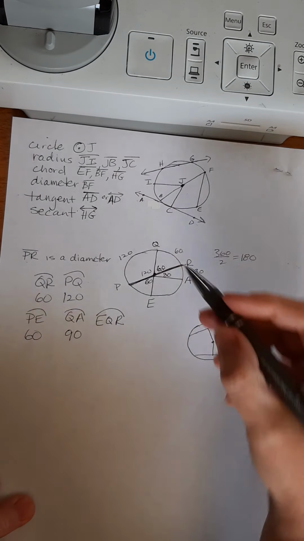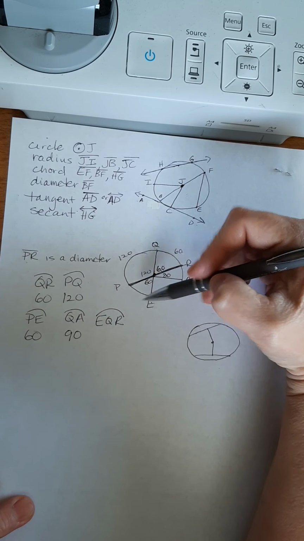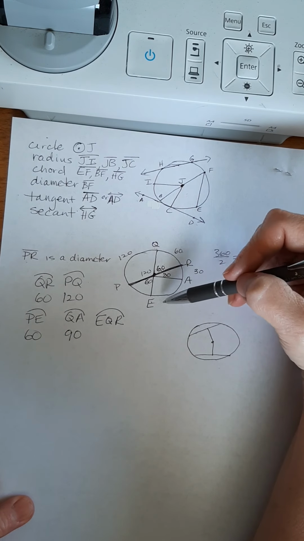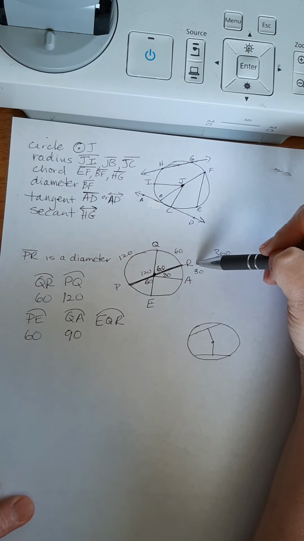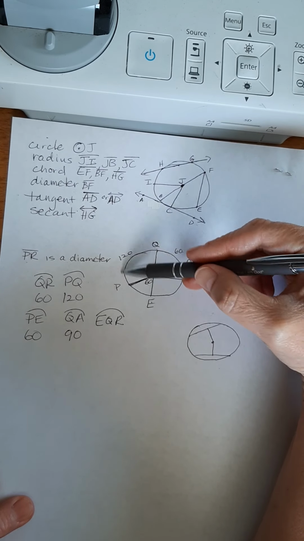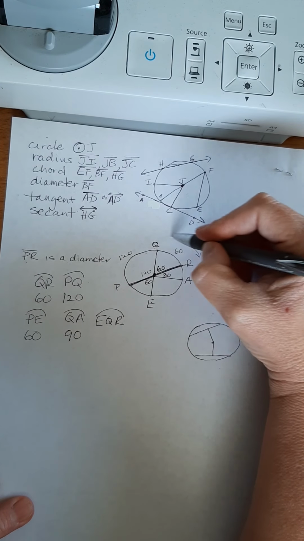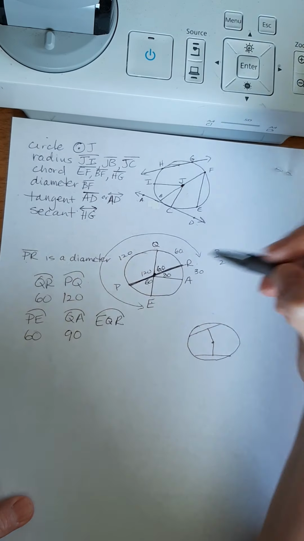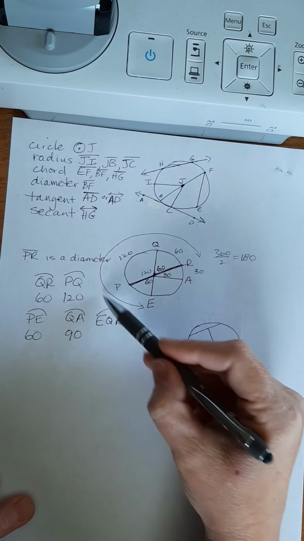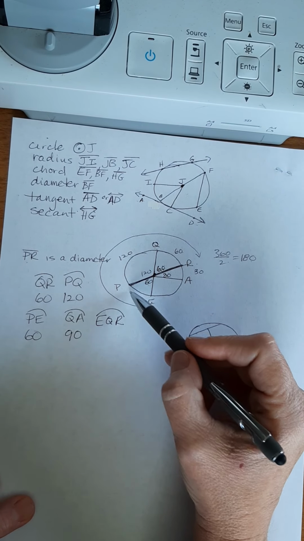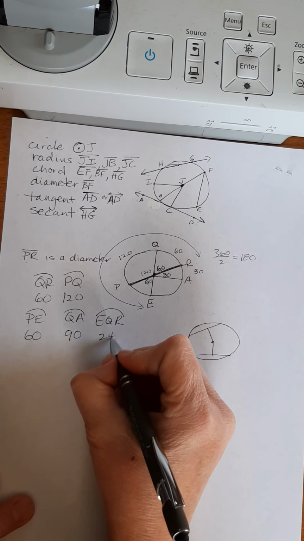Well, you're going to start at E, and you have to go through Q. So Q has to be second. So that means there's the R. So I got to go this way. So EQR is from here to there. Well, you've got 180 and 60, 240.